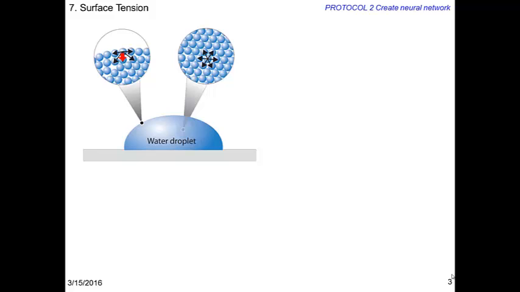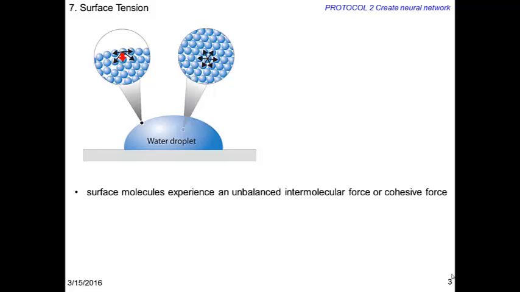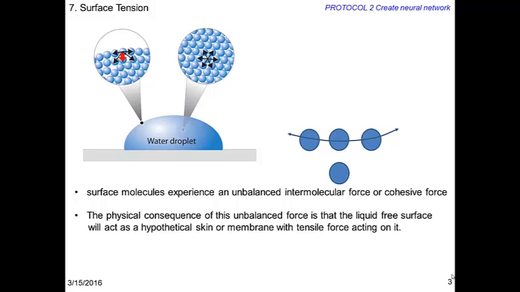A molecule inside the droplet is pulled equally from all directions, while a surface molecule experiences an unbalanced force towards the interior. The physical consequence of this unbalanced force is that the liquid free surface will act as a hypothetical skin or membrane with tensile force acting on it.